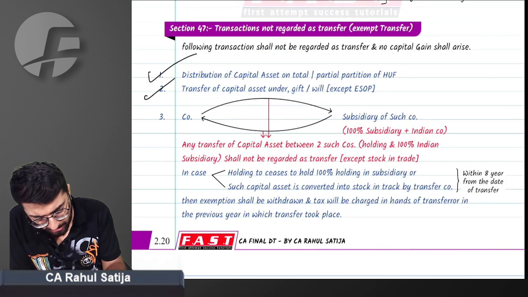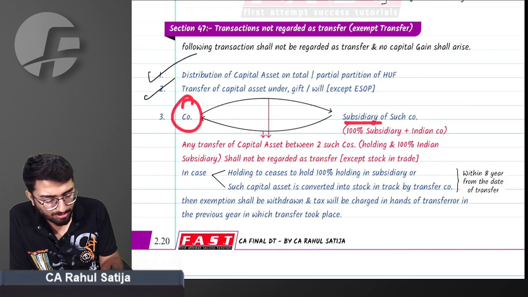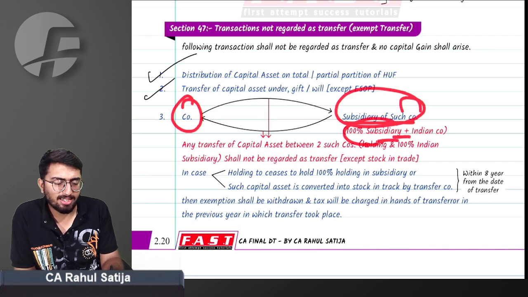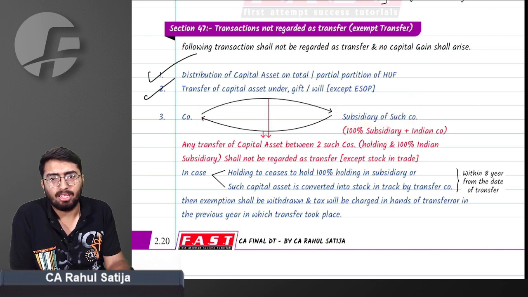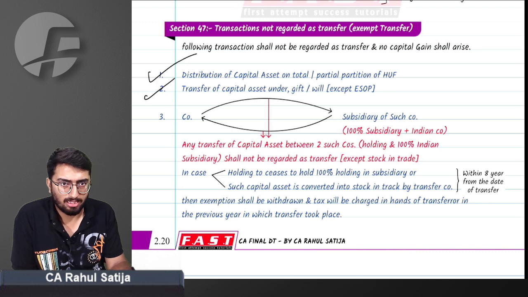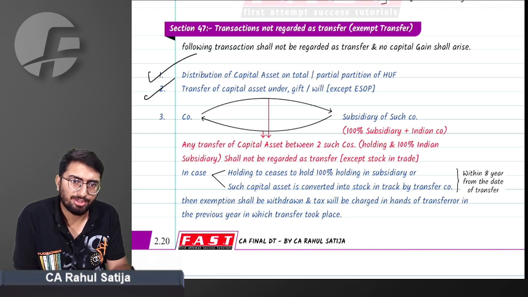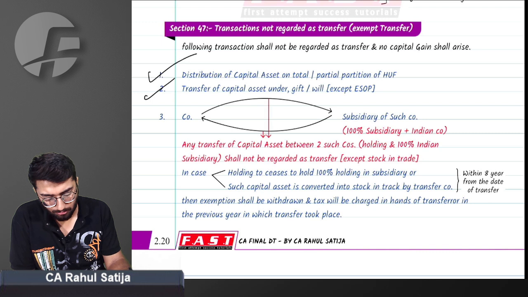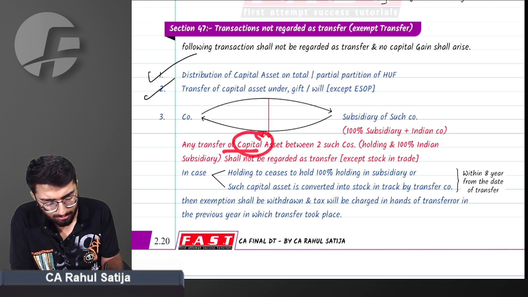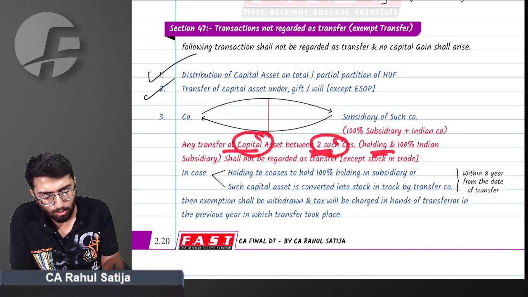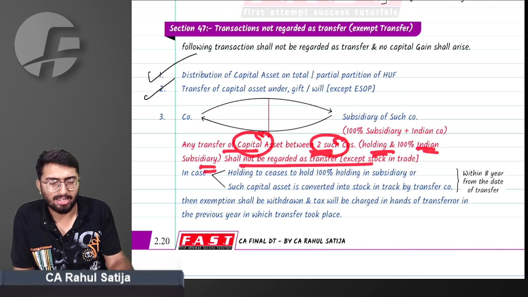If a company has a subsidiary which is a 100% subsidiary and an Indian company, any transfer of capital asset between two such companies, 100% holding and 100% subsidiary, shall not be regarded as transfer.